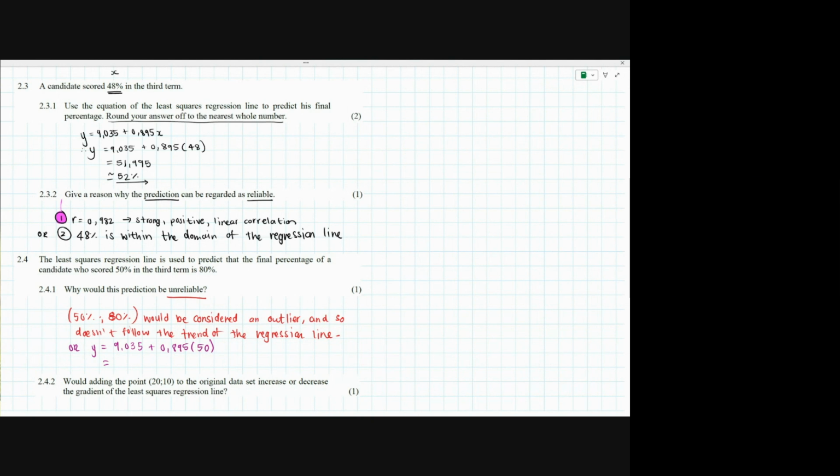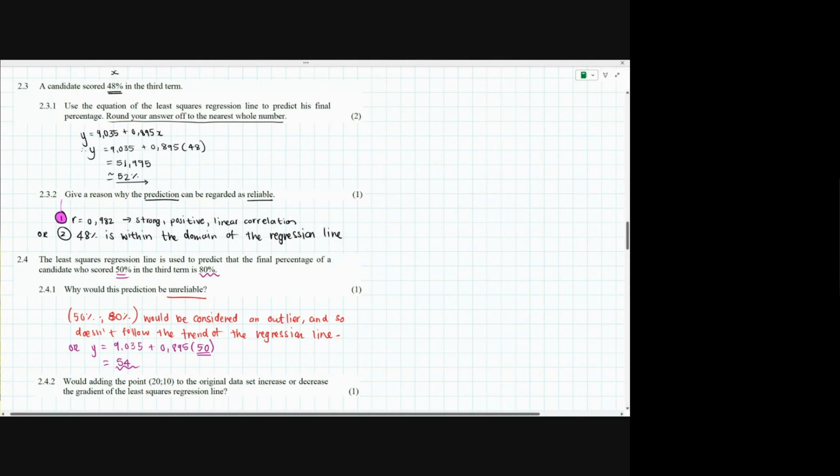Don't know where I was going with that. It doesn't give you 84, obviously, because that's nonsense. It gives you 54. And so you could see that a third term mark of 50 does not give you a final mark of 80.